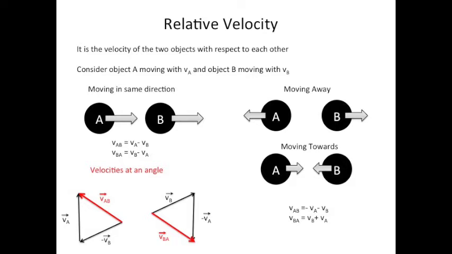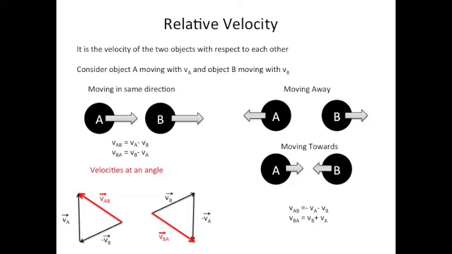Let's say the person is A, and they're moving with a velocity of VA. How will they see VB? So it's with respect to them. And then VBA is, let's say person B is moving with VB, and how do they see VA moving? So they're already in motion, so we have to take that into consideration when we make this calculation. That's why it's VB minus VA. So that's when they're moving in the same direction.